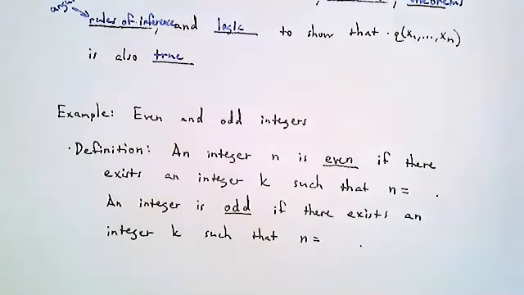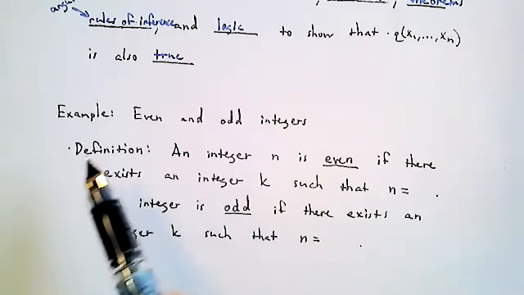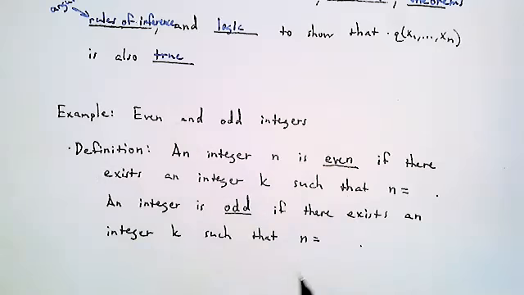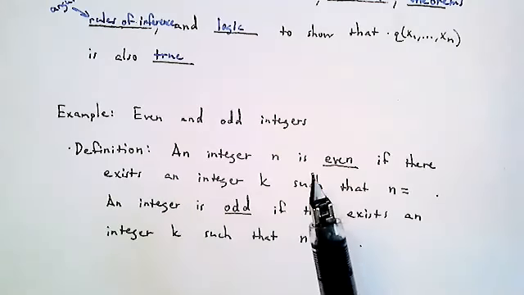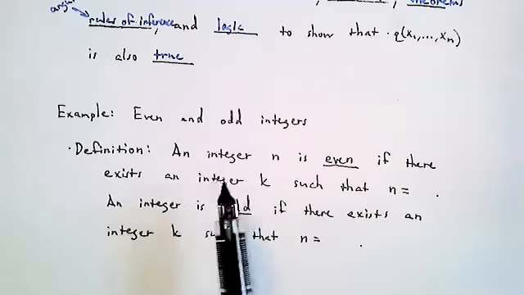And to get started, we're going to keep the ideas familiar and simple. We're going to talk about even and odd integers. And just to be totally concrete and logical, we need to make sure we have a definition for what it means for a number to be even. And here it is.